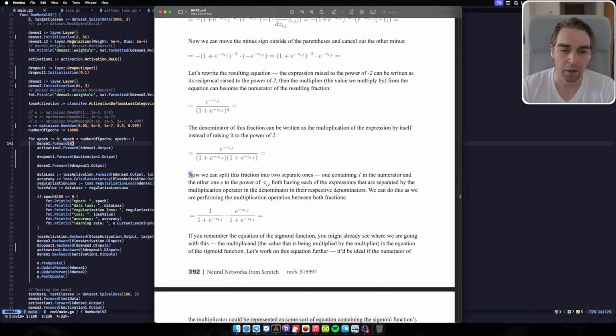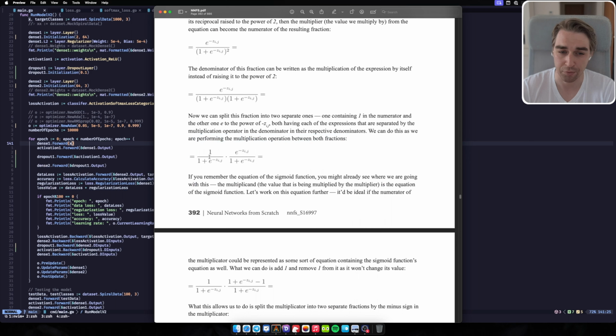Now we can split this fraction into two separate ones, one containing 1 in the numerator and another one e to the power of -z, both having each of the expressions that are separated by the multiplication operator in their respective denominators. We can do this as we perform the multiplication operation between both fractions. So we have this one and we have this one.